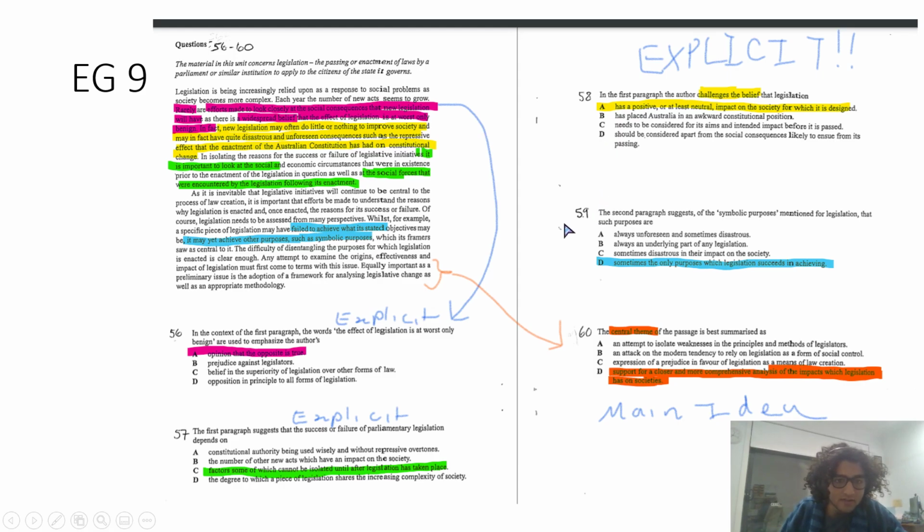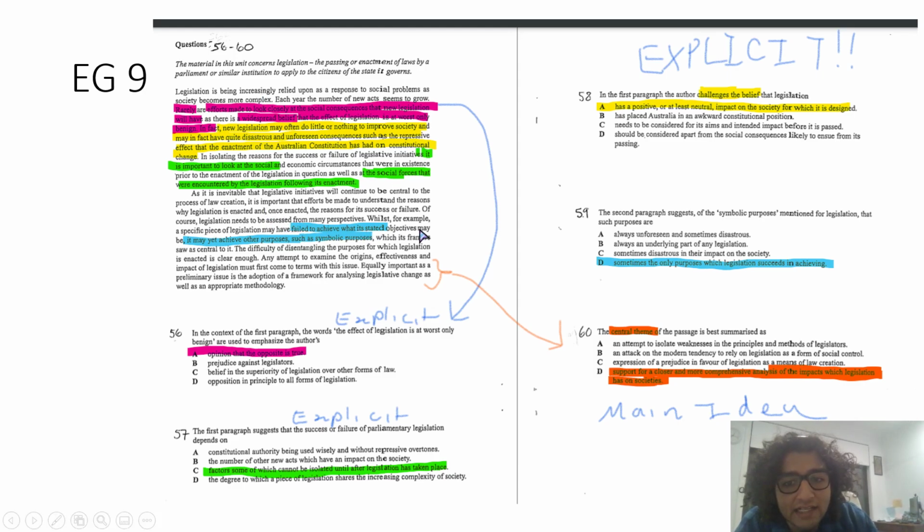59. The second paragraph suggests of symbolic purposes mentioned for legislation that such purposes are. Let's read the second paragraph. So, for example, a specific piece of legislation may have failed to achieve its stated objectives, but it may yet achieve other purposes, such as symbolic purposes, which its framers saw as essential to it.